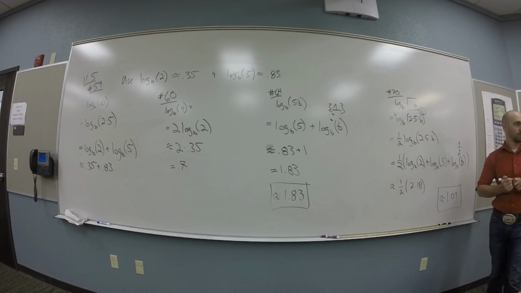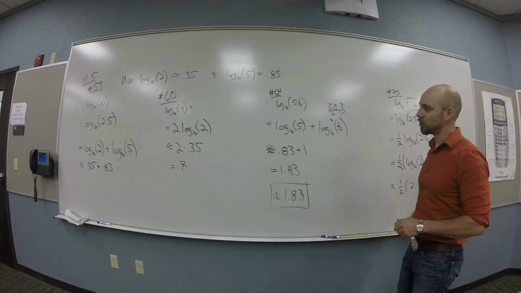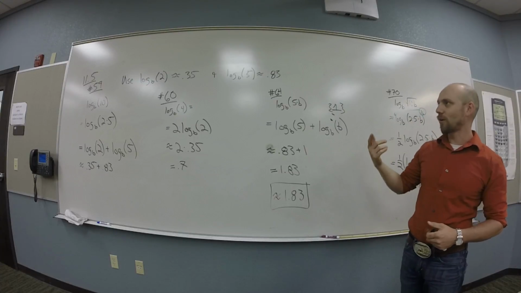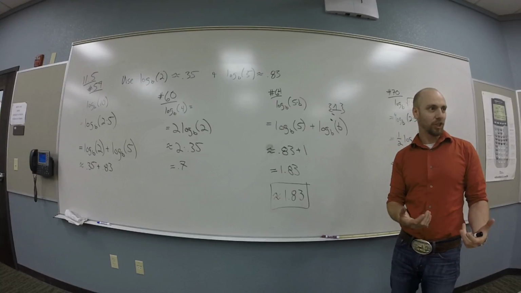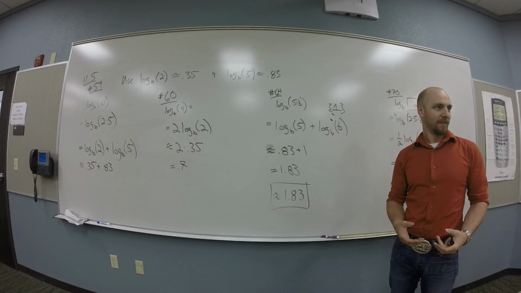Cool? Questions on this? Really, all they want you to do is play with log rules a little bit. This thought process used to be a skill that had a lot of value, because instead of just cramming numbers in a calculator and getting logarithms like magic out of it, you would have to go look these up in a book.